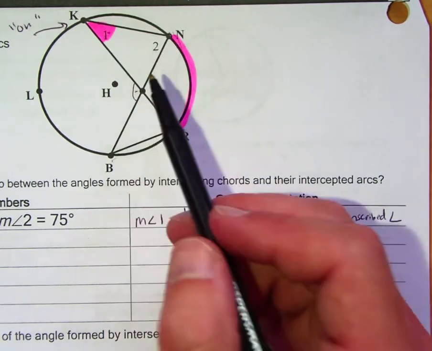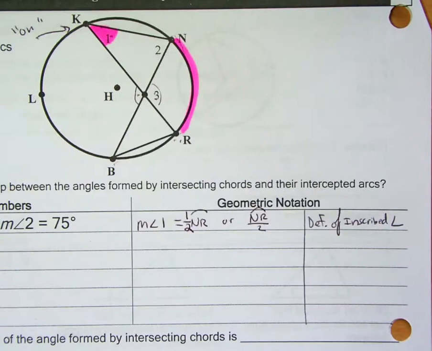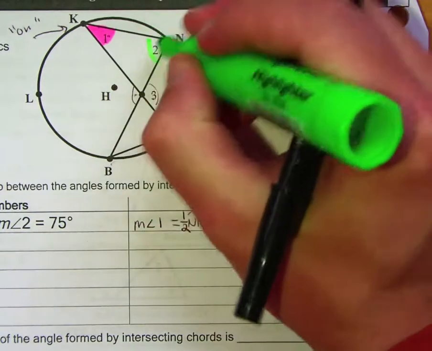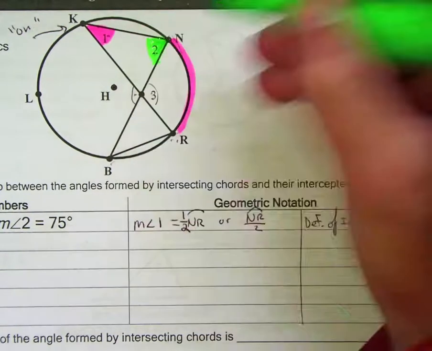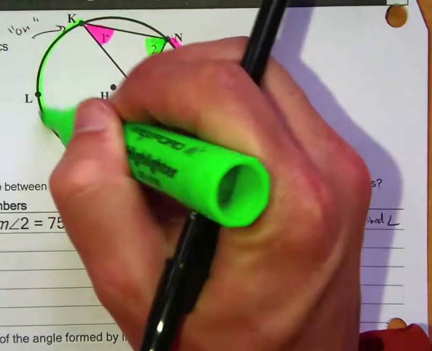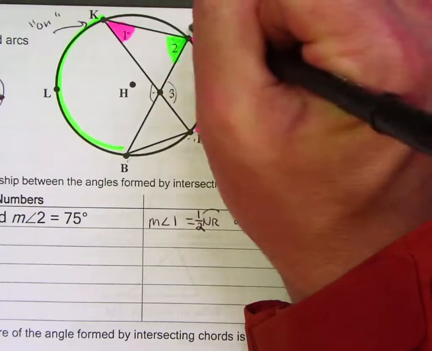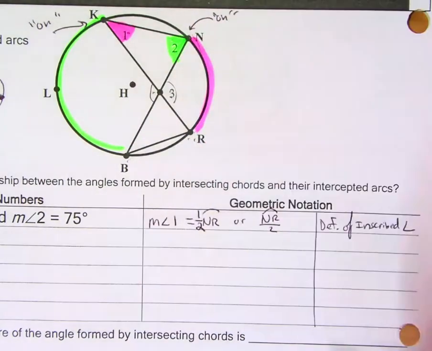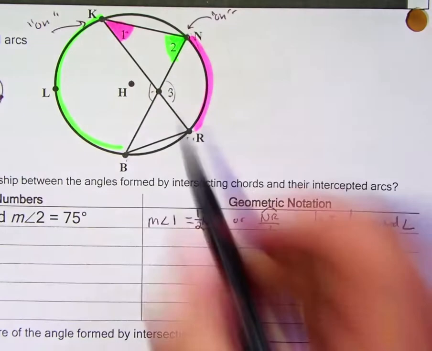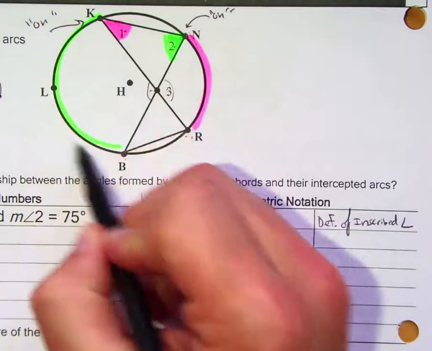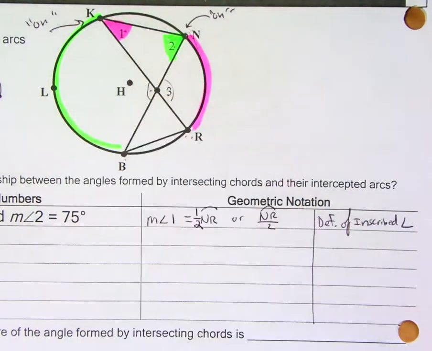What about angle 2? If you turn its light on, we're looking at the same situation. It's an inscribed angle as well, because the vertex is on the circle. So angle 2 is equal to half of minor arc KB.